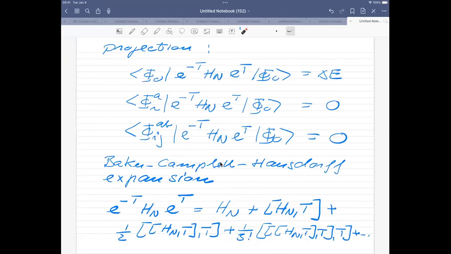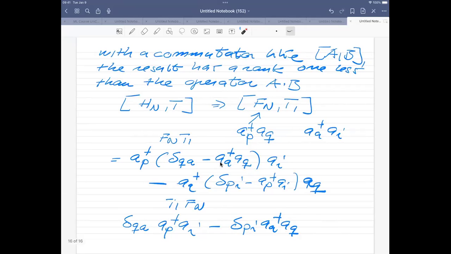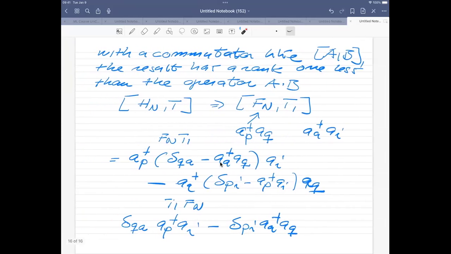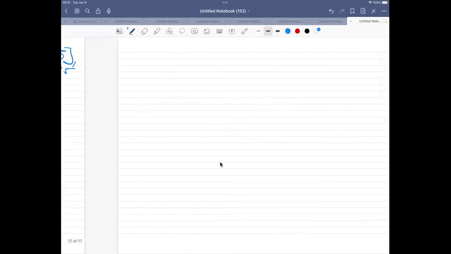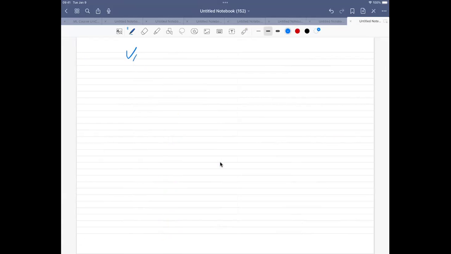Now, if you think of the Hamiltonian which we have, the Hamiltonian now is at the most of rank 2. So if you look at the two-body Hamiltonian which we have, the term which has the most complicated rank is the one which is proportional to AP dagger, AQ dagger, AS, and AR.